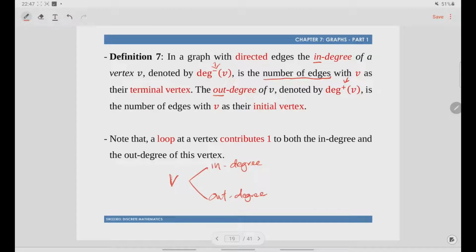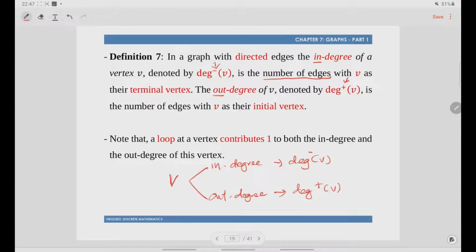For the in degree, it is denoted with a small minus sign. For the out degree, we have a small addition notation as a superscript. So we have in degree and out degree. If you understand, you can distinguish between in degree and out degree.